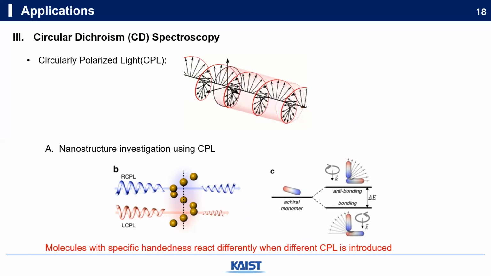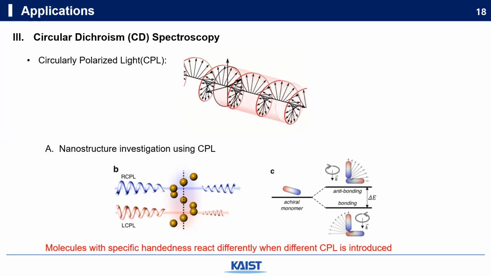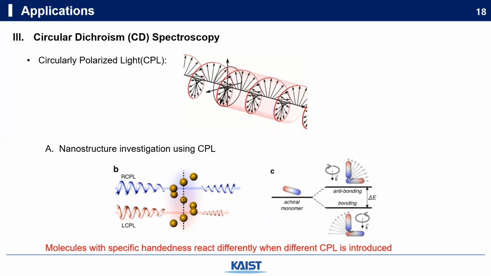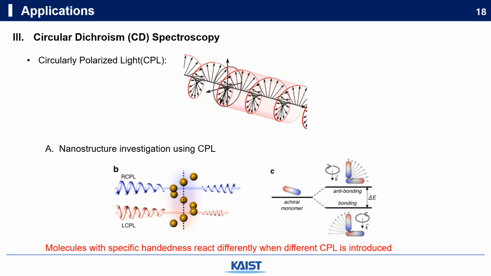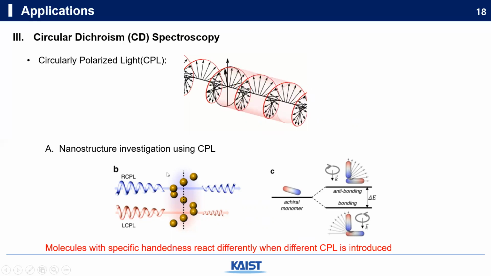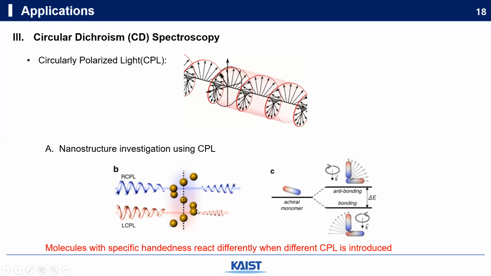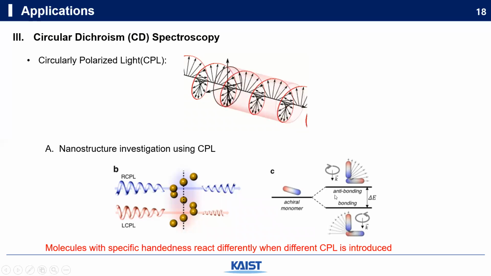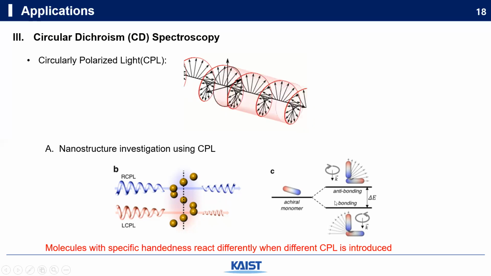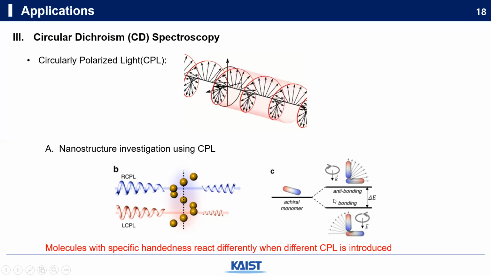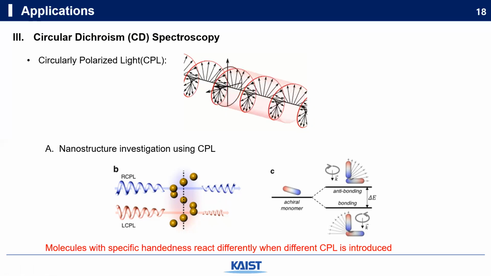More specifically, since there are two kinds of handedness, left-handed and right-handed, if the sample has 3D structures with specific handedness, such as helical structure, then the sample reacts differently whether the CPL is left-handed or right-handed. As shown in the right bottom figure, chiral samples' energy levels get split when CPL is irradiated, and by measuring this energy split, the sample's enantiomeric properties can be measured.